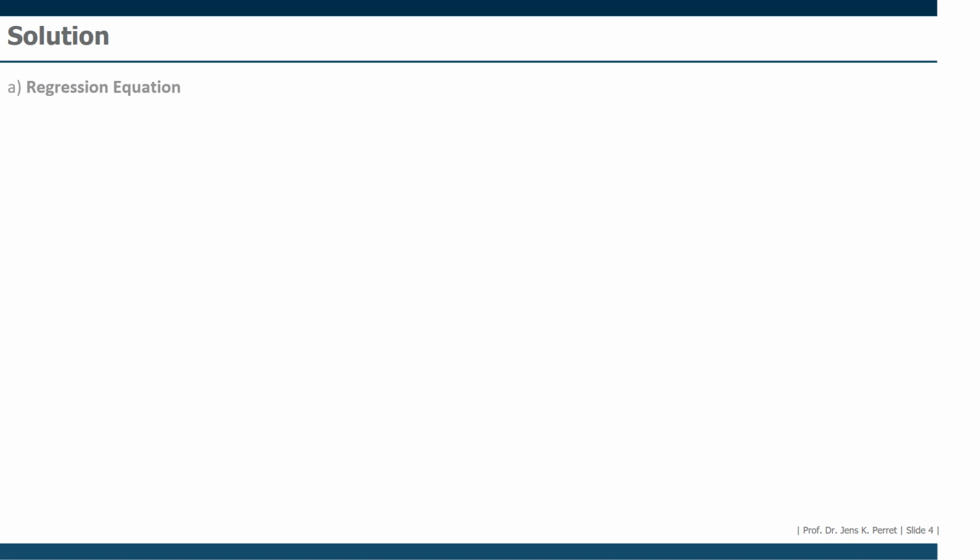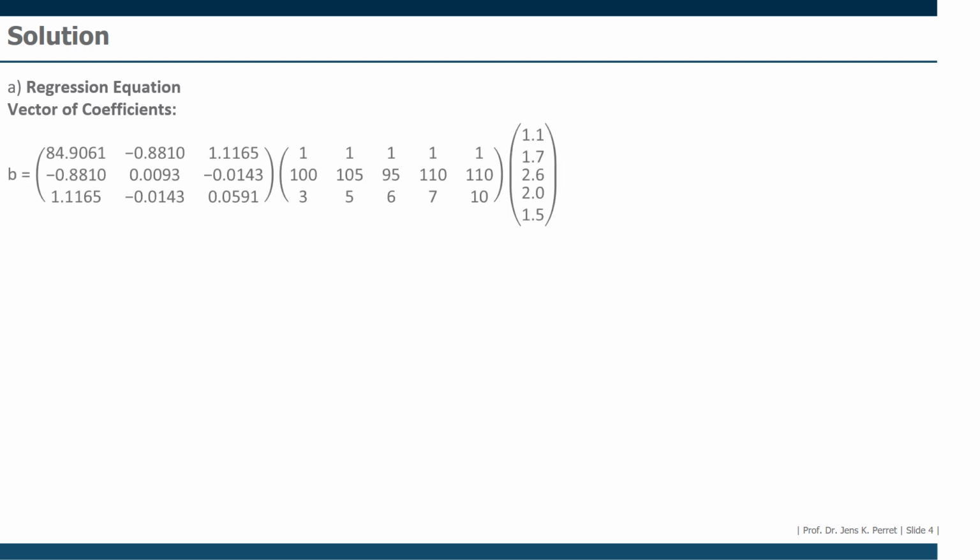So we start with our vector of coefficients. Here I have at the left side the first matrix. This is already x transpose times x, and thereof the inverse matrix. I skipped the detailed calculations thereof because in this unit I want to focus more on the statistics aspects and less on the mathematical matrix calculations.